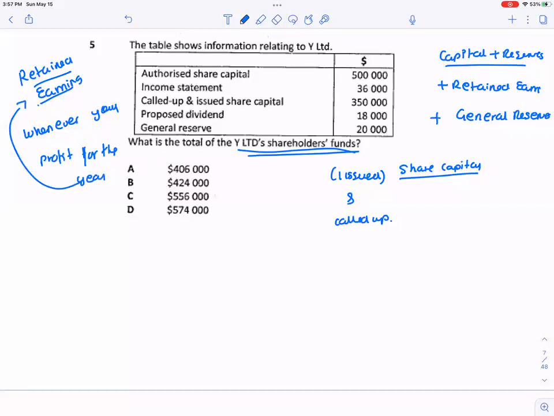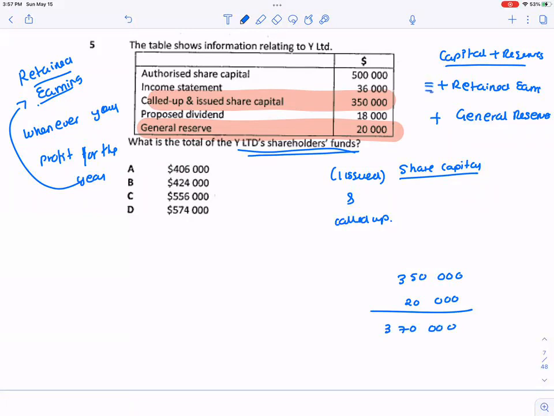Now let's see over here. You have issued capital 350, general reserves 20,000. 350 plus 20,000 is 370,000. What comes in retained earnings?